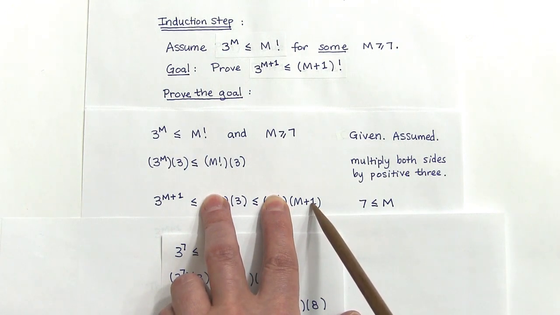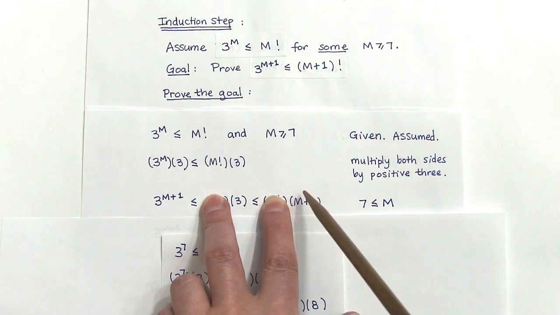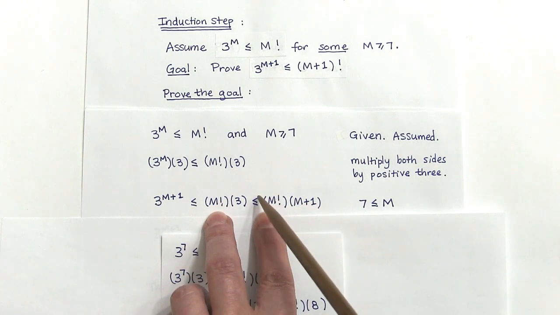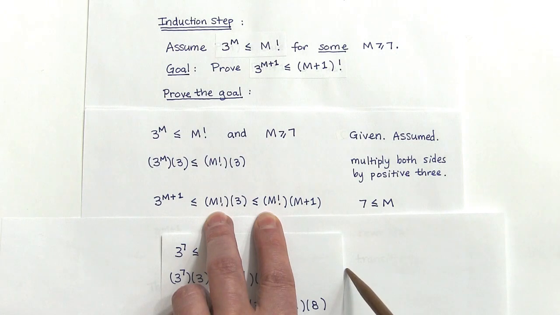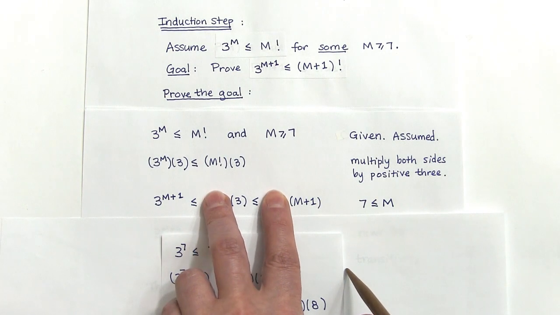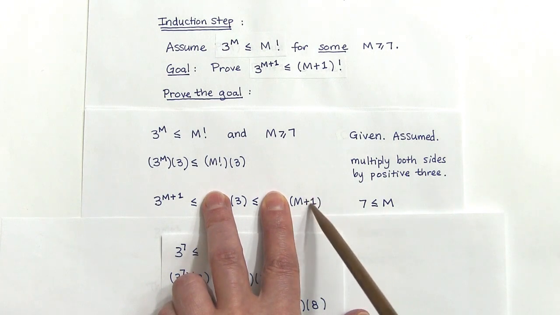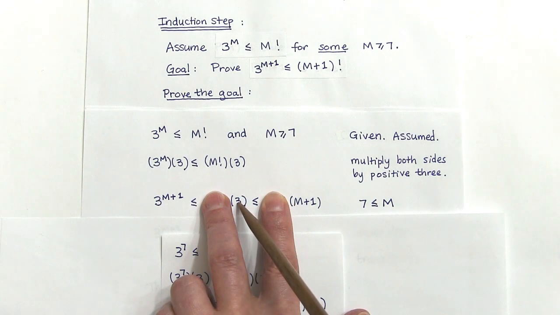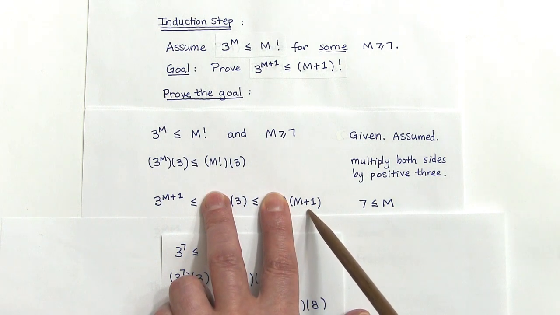And if so, then multiplying both sides of that inequality by the same positive number, m factorial, the inequality will be maintained. Well, that's the question. I don't know what m is. Is 3 less than or equal to m plus 1?